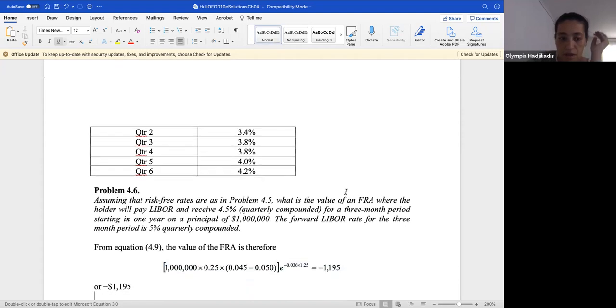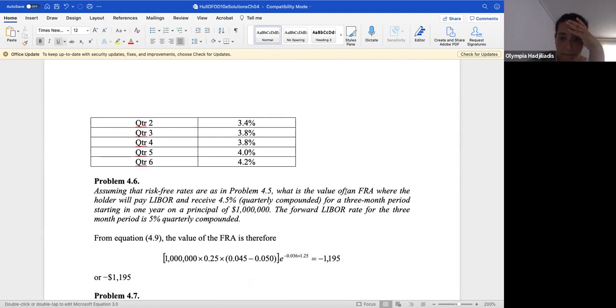So then basically the value of the FRA is going to be 1 million times 0.25 times (0.045 minus 0.05).